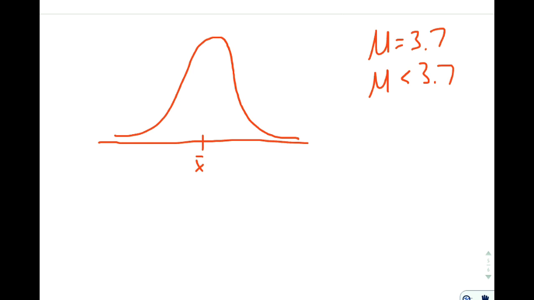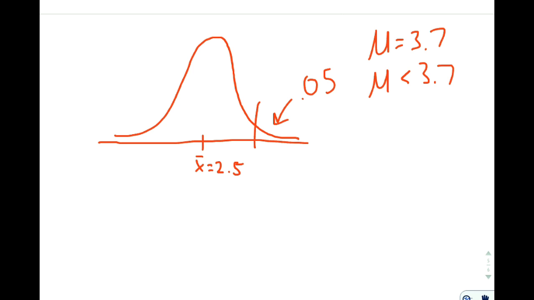Now if we're doing our confidence interval here, and we said that x bar is equal to 2.5, we want to figure out how big of a confidence interval we want so that each tail is 0.05 or 5%. So looking at this curve, if we want the tail to be 5%, and I'll explain why I'm using the right tail even though it's less than, that's going to really make you frustrated for a moment, but go with it.